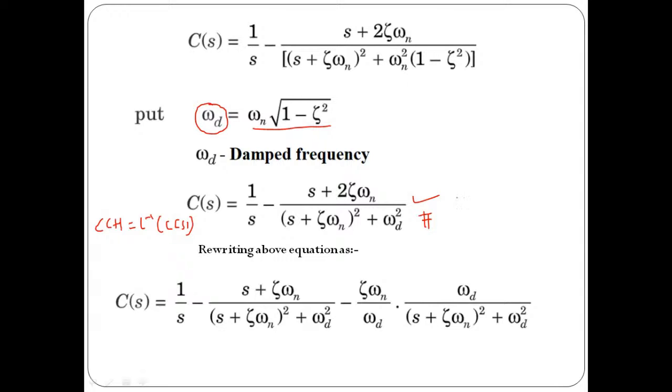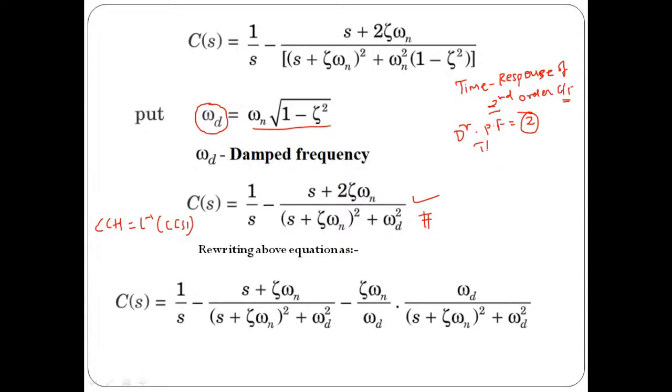See, in this case, our objective is to analyze the time response of a second order control system. When I say second order, that means in the denominator polynomial, the highest power of s is 2.